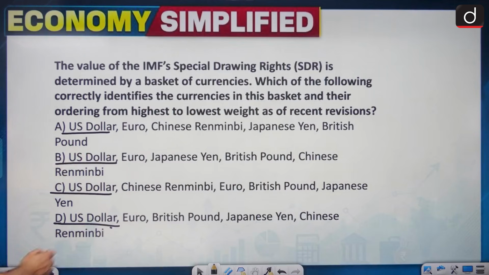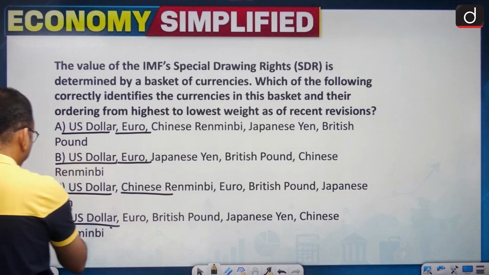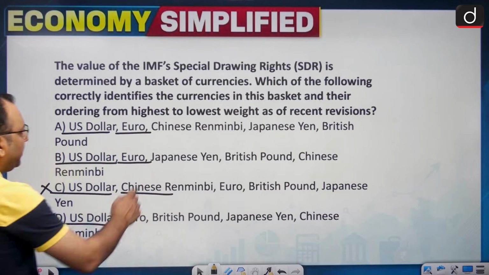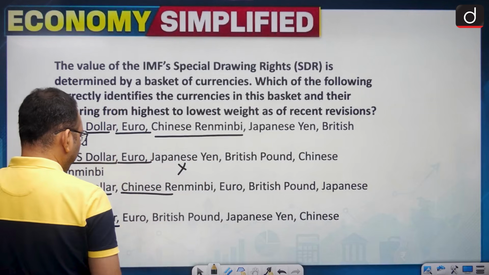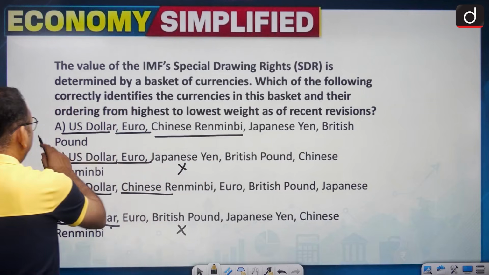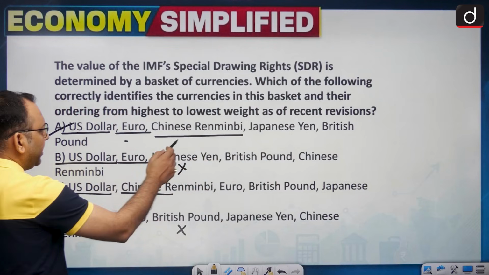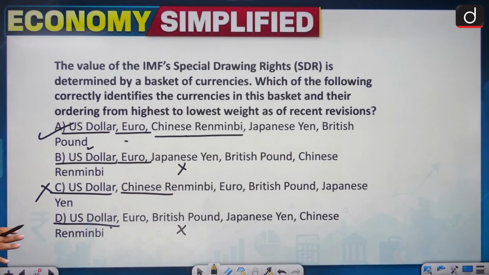Second is the euro. This is also correct, but the Chinese renminbi option becomes wrong because it has been given in second position, while it is in third position. So this is wrong. So the answer, friends, becomes A: the US dollar, then the euro, renminbi, yen and British pound are the decreasing order in the SDR basket.